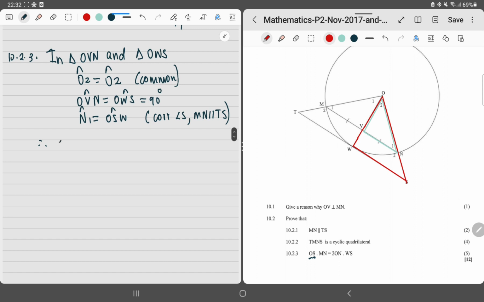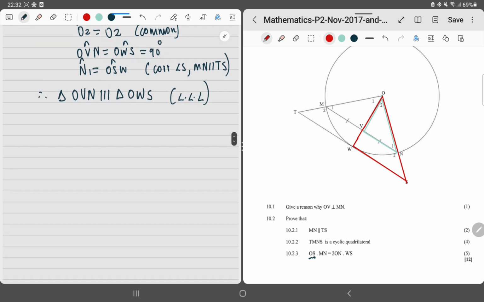So this means that triangle OVN is similar to triangle OWS because of the angle. So I'm going to create a ratio. This over this, that over that, and then that over that.